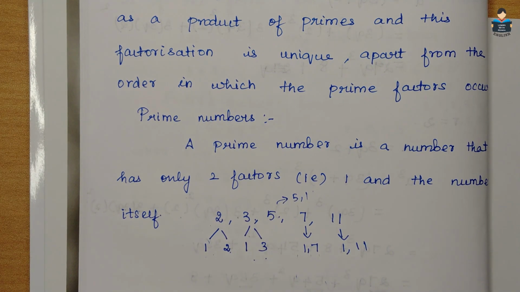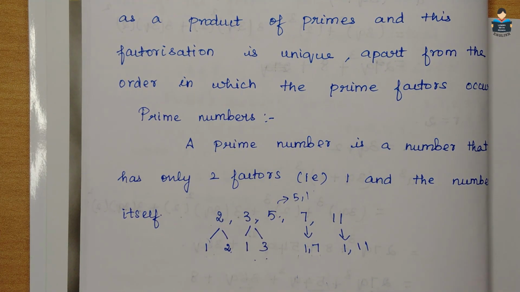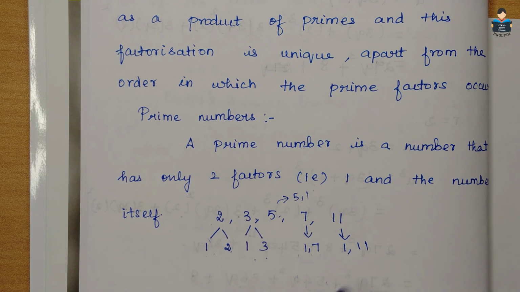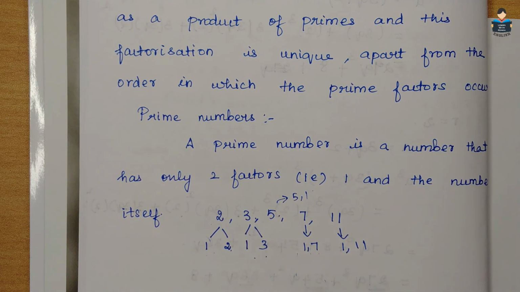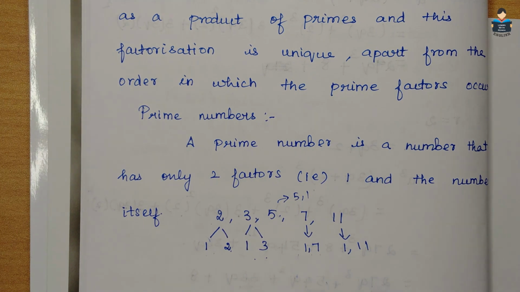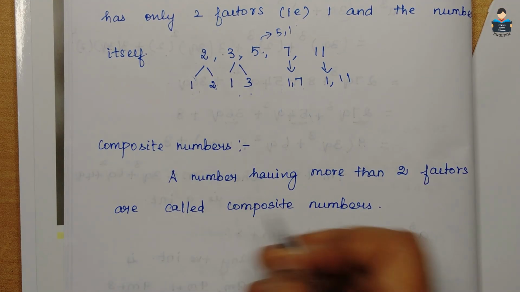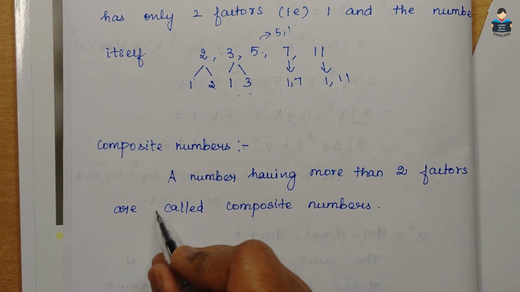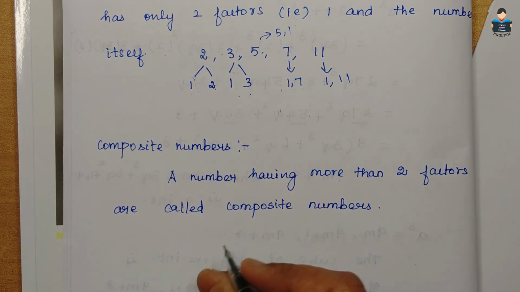So when we come to composite numbers, what are composite numbers? The difference between a prime number and a composite number is that a prime number, as we said, has only two factors, but a composite number has more than two factors. So a number having more than two factors is called a composite number.